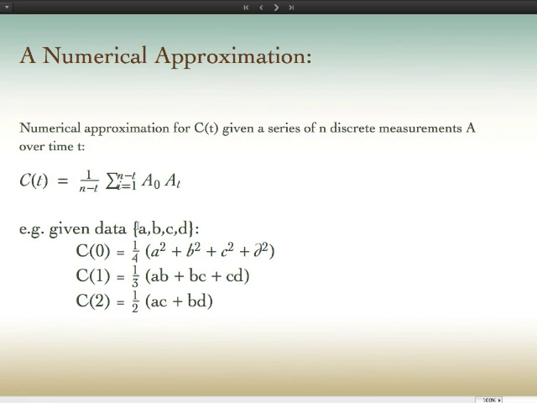So instead of having a 0 time step delay where we're just going A squared, B squared, C squared, D squared, now we're going A times B, B times C, C times D. And then you divide that by n minus t, so that's going to give you 1 over 3. And you see that we're just taking an average. And again, for the last one, we got A times C, B times D. And then we take the average of that. So this is how you take the absolute time correlation function numerically.